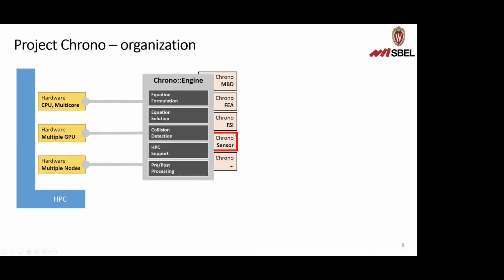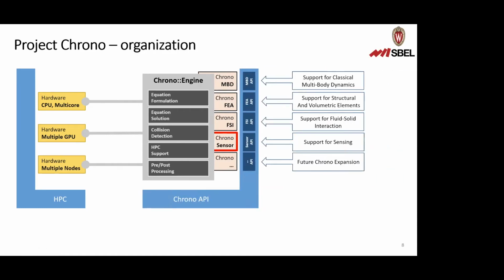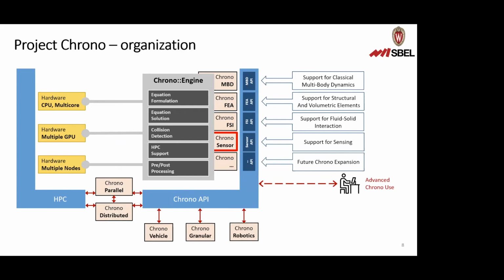So for example, if we want to understand how vehicle mobility works and we want to drive a vehicle through a ditch full of water, we can simulate that. And this is kind of the level which we want to include sensing. So we want it as a fundamental capability inside Chrono. And then of course there's some external API to that so that a user can easily set up scenarios. And that's just the context. I don't want to get too hung up on these details though.